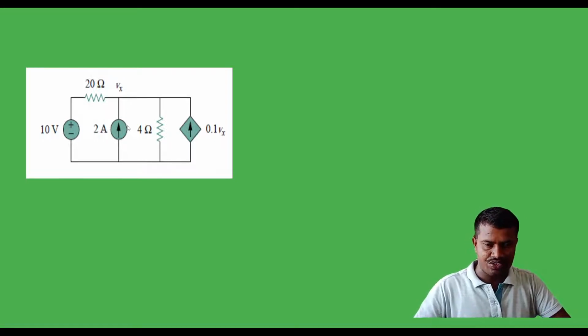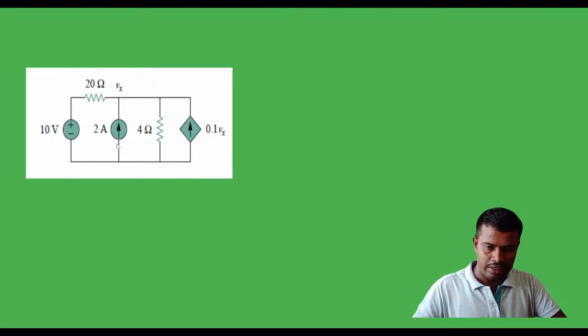In the second step we turn on another independent source, turn off all other sources, and find the value of Vx due to that particular active source. In this manner we find the value of Vx due to all independent sources. Then we do the algebraic sum.